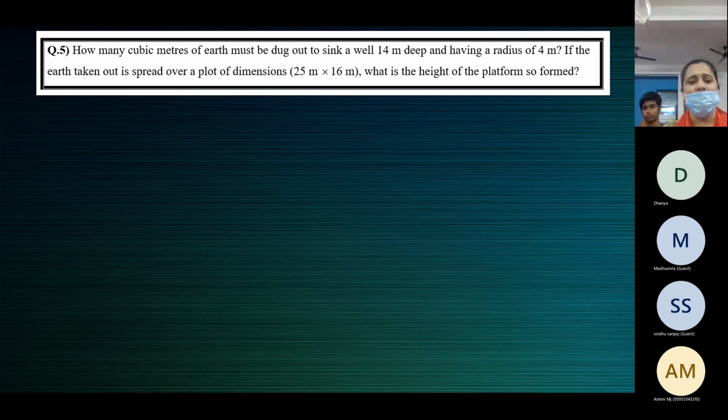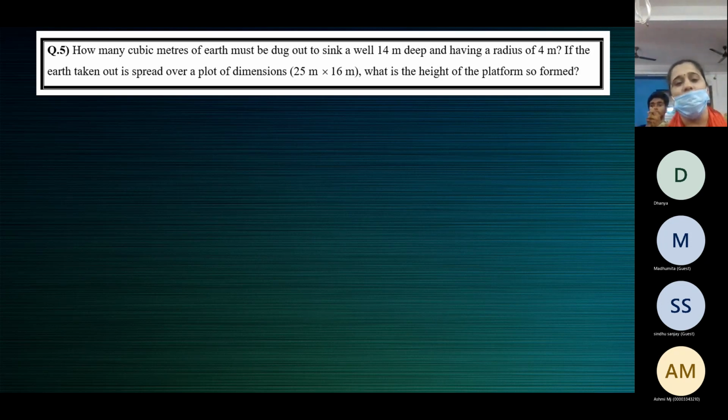The volume of the earth removed from the well is equal to the volume of the earth in the platform. Because from there you're removing and you're dumping it here, and you've not wasted anything. From the well, you took the mud and you dumped it on the platform. So the volume will be the same.